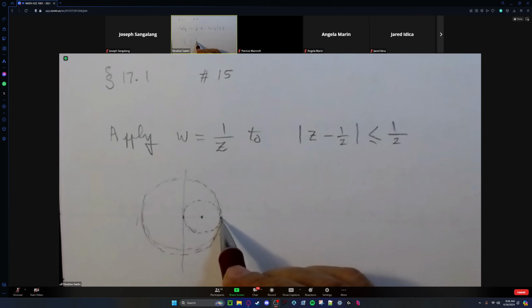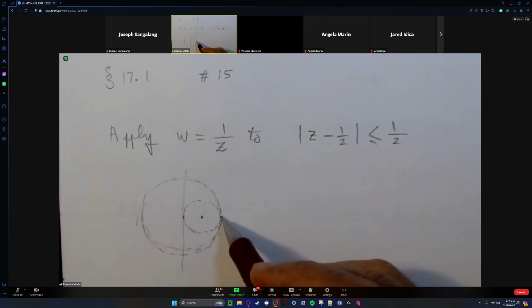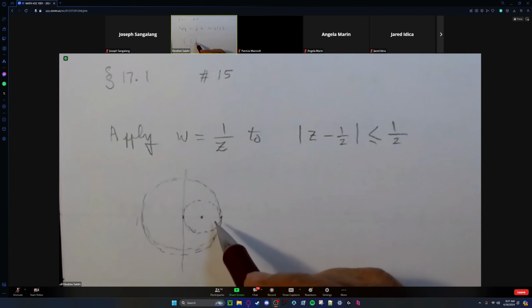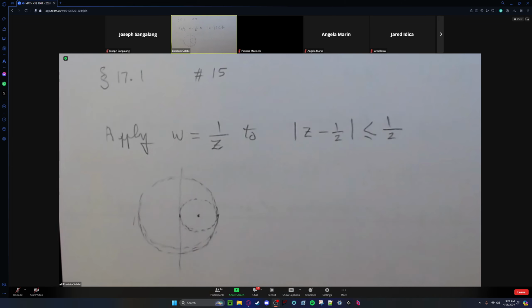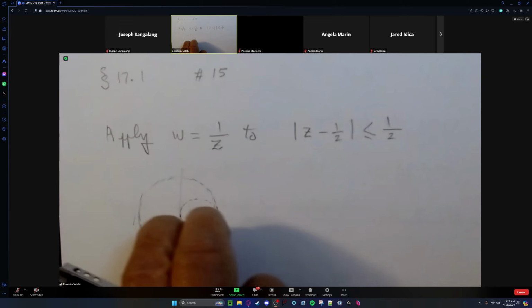Well, the image of this point is itself. So I'm talking about the inversion.